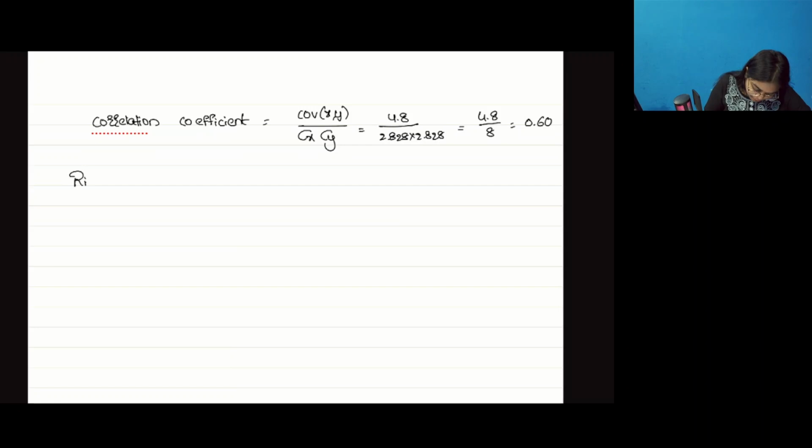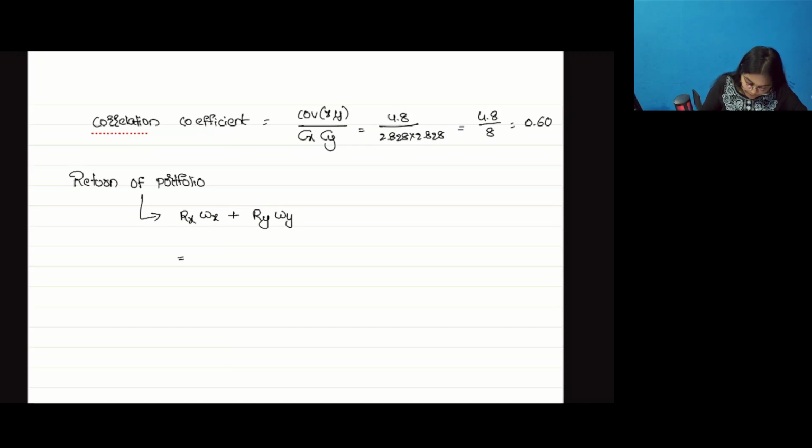Now first we'll calculate return of portfolio. As in the question they have already given, it is equal weighted. So return of x into weight of x plus return of y into weight of y.